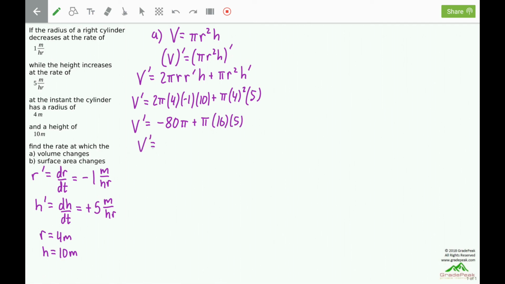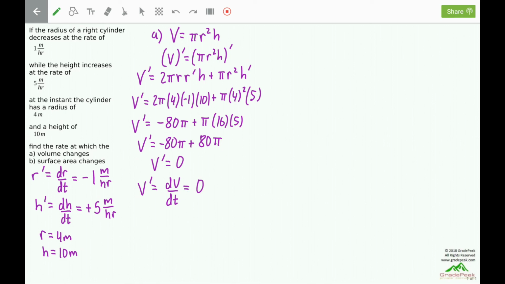So V prime will be negative 80 pi plus 16 times 5, which is 80 pi. Those will cancel each other out, and so V prime will come out to 0. Therefore, V prime, or dV dt, the rate at which the volume changes, is going to be 0.